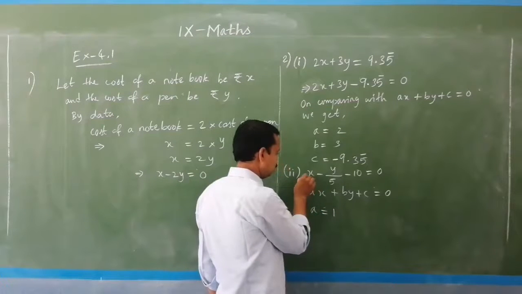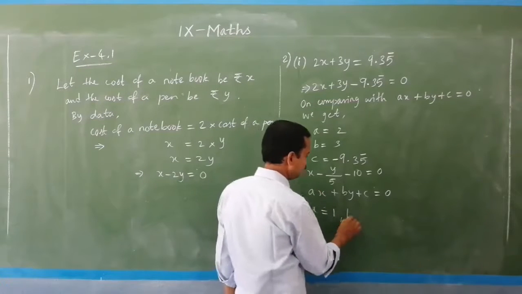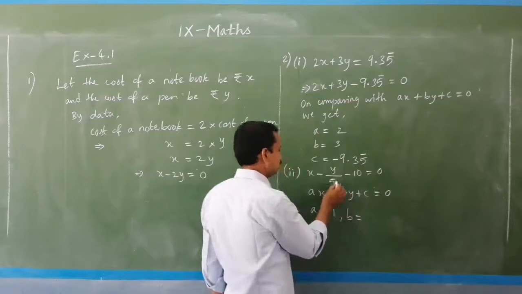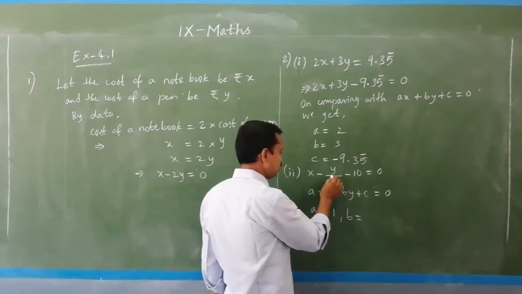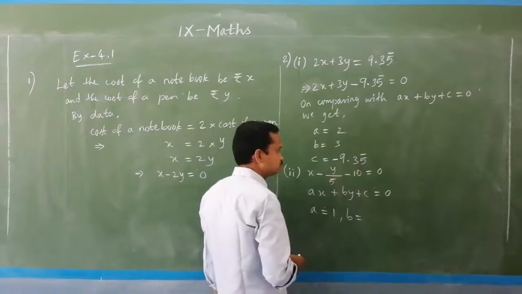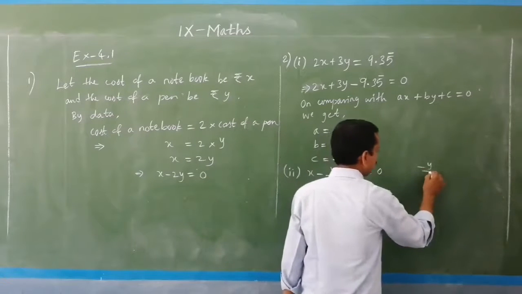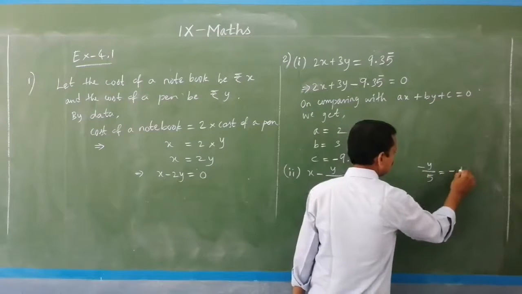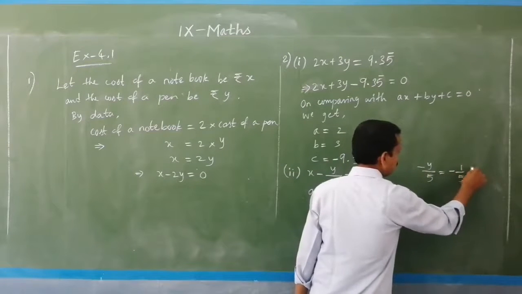A, that is the x coefficient, 1. What is B? Instead of B, you can write this as minus 1 by 5 into y. So, minus y by 5, you can write as minus 1 by 5 into y.